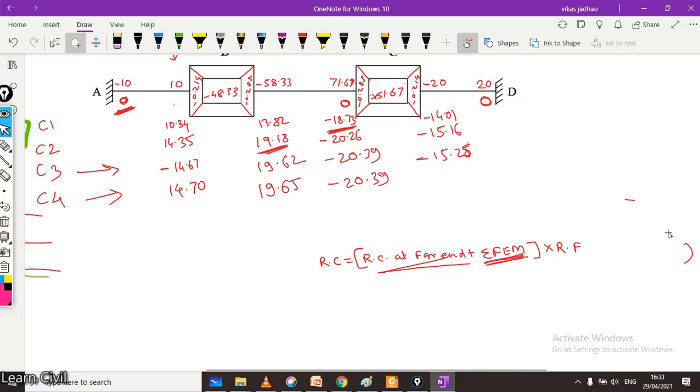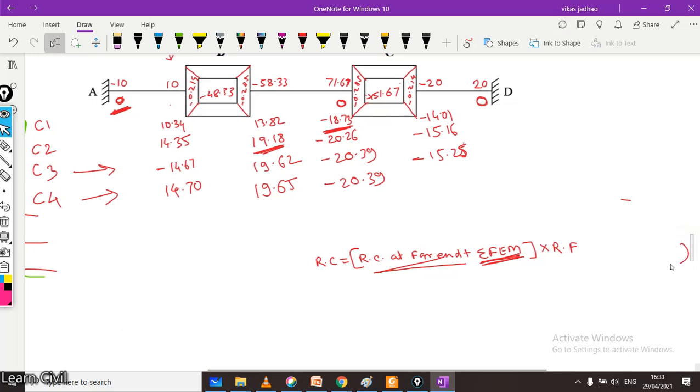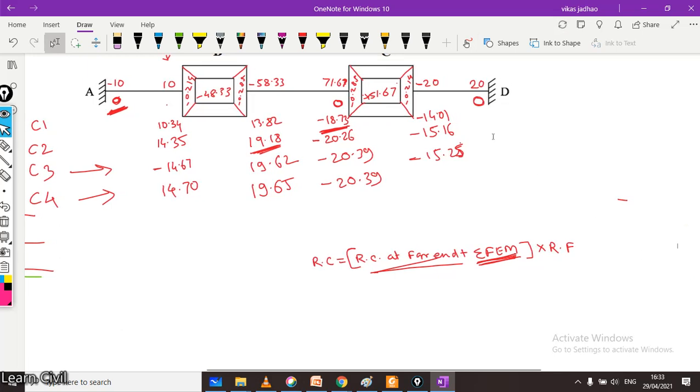Similarly we have to find out the rotation contribution for M dash CD.